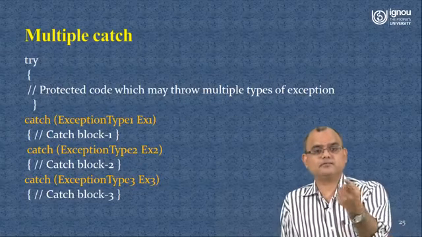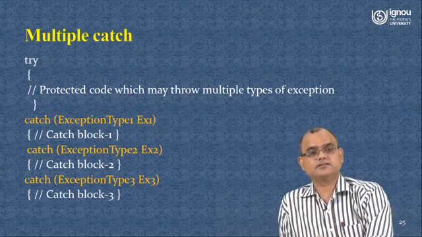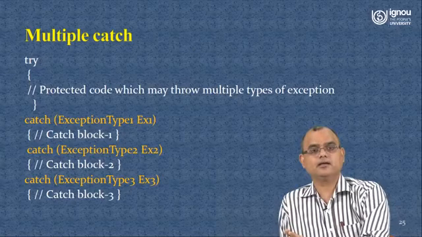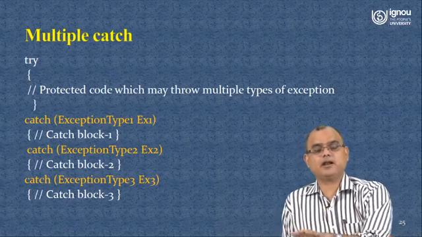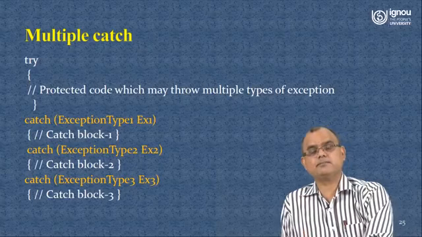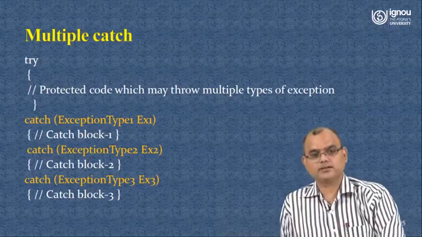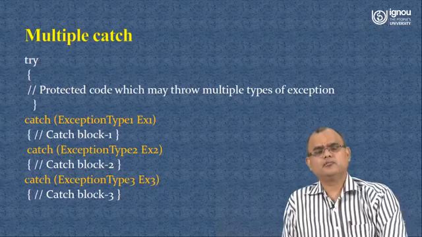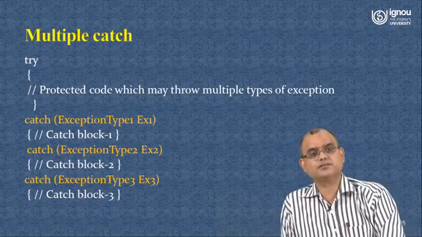So here exception 1, exception 2, exception 3 are 3 different exceptions, and exception 1 should be lower in the hierarchy. Similarly, exception 2 will be either at the same level or at a higher level in the hierarchy. Similarly, exception 3 should be either at the same level or at the highest level in the hierarchy. You have to take care of that, then only can you manage the exceptions in your programming, and more practice will help you to handle different kinds of exceptional situations in your program.